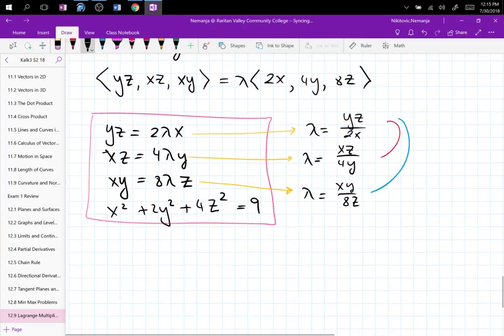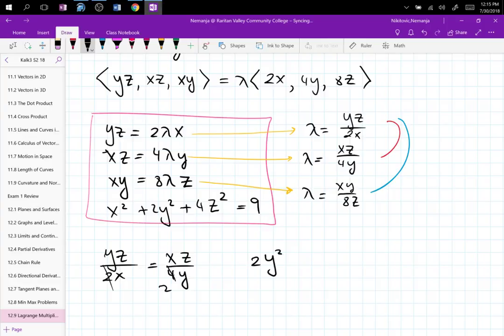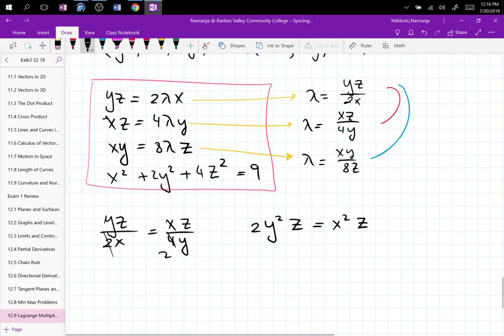So when you set them equal, you get that yz over 2x is the same as xz over 4y. Well, this drops first, get 2 there. So when you multiply 2, you get 2y squared z is equal to x squared z.